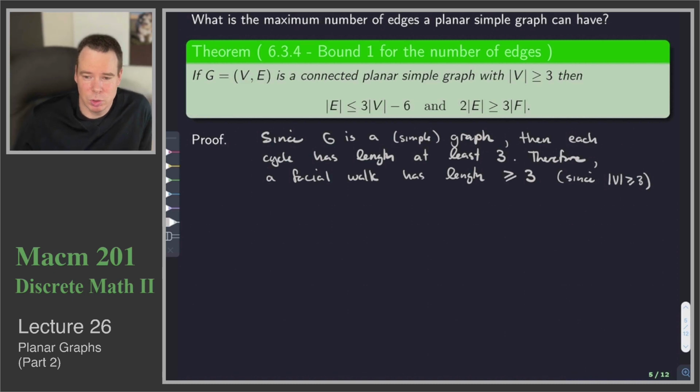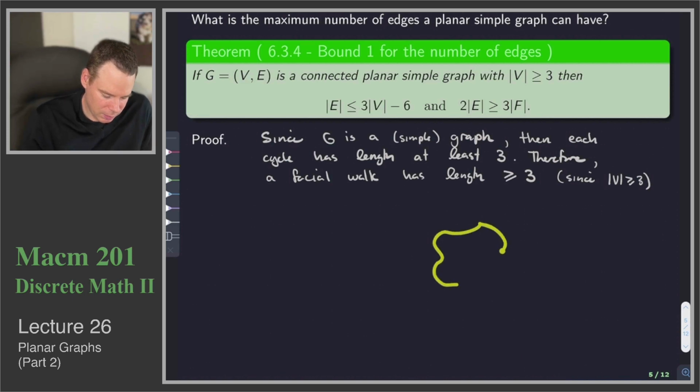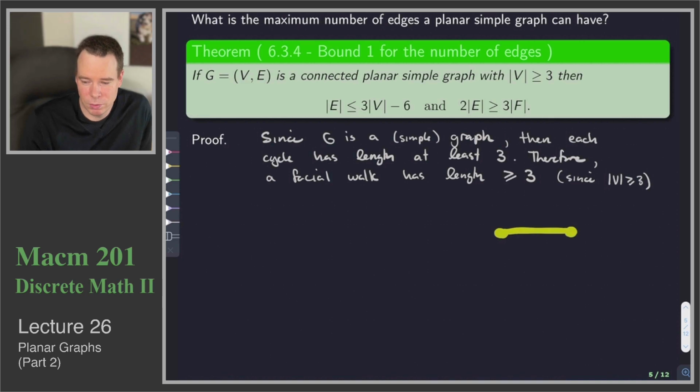Because we're in a simple graph, each cycle has length at least 3. And so a facial walk going around a face is going to have length at least 3. The one thing we have to avoid is, what if we got a facial walk by just going out to a vertex and coming back? Well, in order for that to be a facial walk, this graph has to consist exactly of these 2 vertices with that one edge, and we are avoiding that situation.